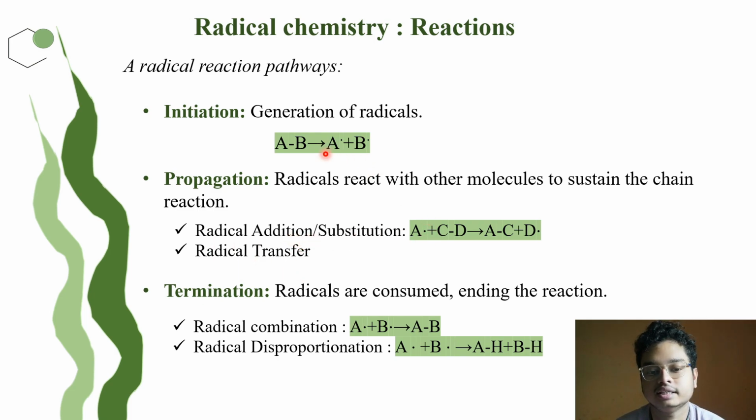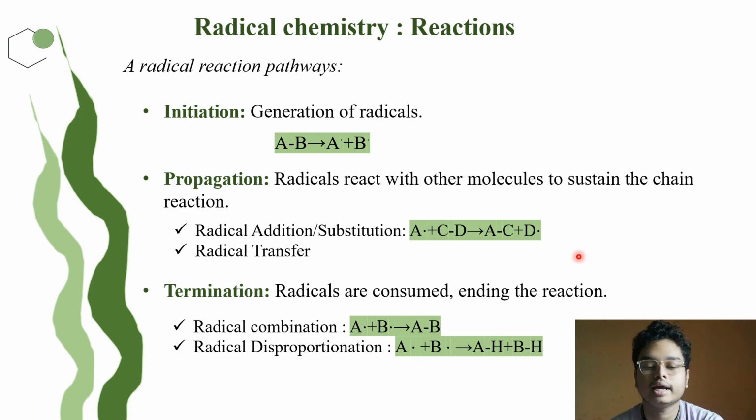Here, the A radical generated by the initiation process reacts with the spin-paired molecule to generate a new compound, AC, and a D radical is formed. So the A radical is transferred to a D radical. So there is radical transfer as well.